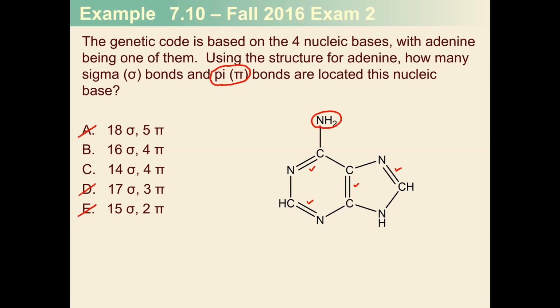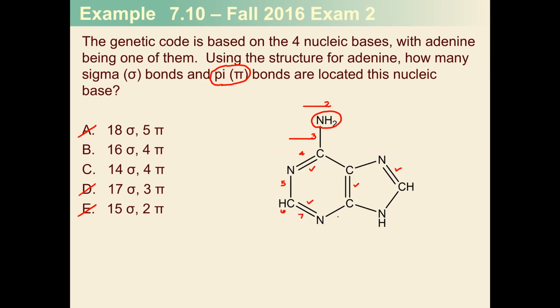This is going to have a nitrogen with 2 hydrogen attachments. So this is already going to have 2 sigma bonds. Sigma bond number 3 is going to be located here. If we want to then go in a counterclockwise manner, we would have 4, 5. Remember that this one right here is going to be number 6.